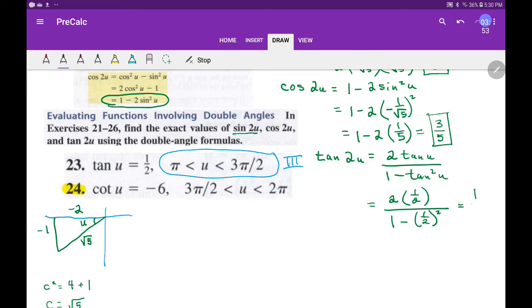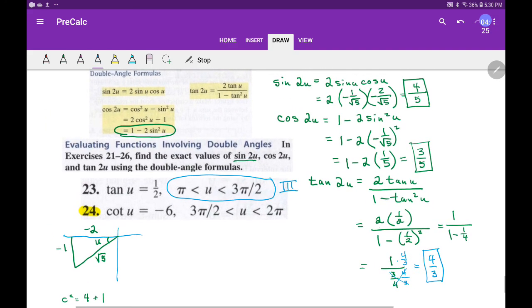And that's 1 over 1 minus 1/4. So that gives me 1 over 3/4. And then I'm going to multiply by the reciprocal on the bottom, and the same thing on the top. My 4 and my 3 are going to cancel, and I'm going to get 4 over 3 as my answer for the tangent of 2u. Okay, so that's it.